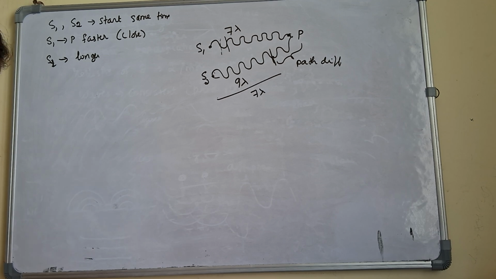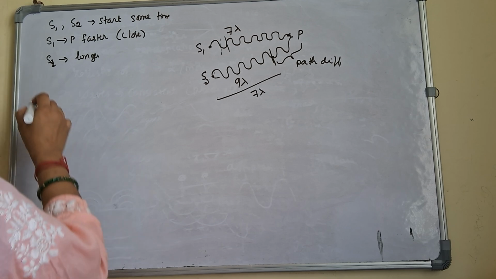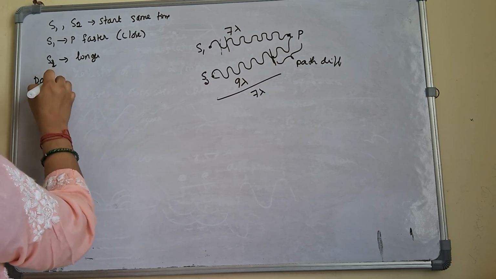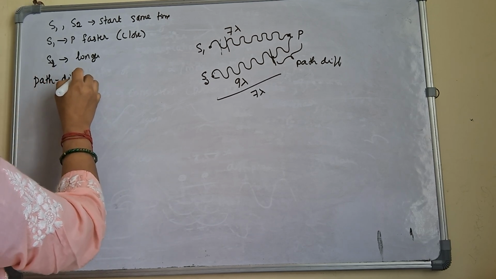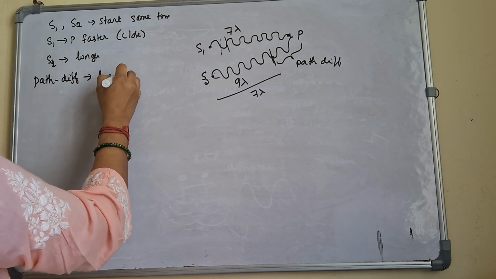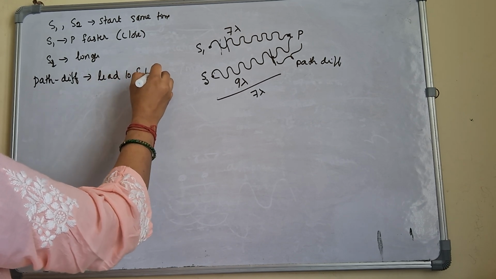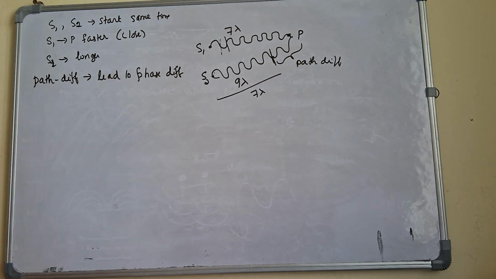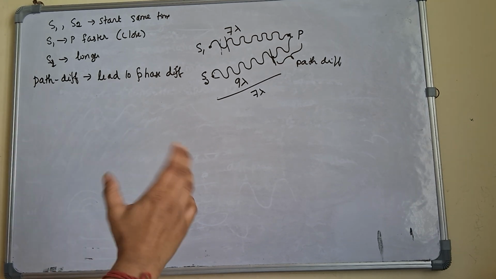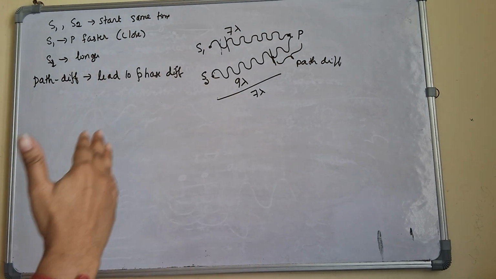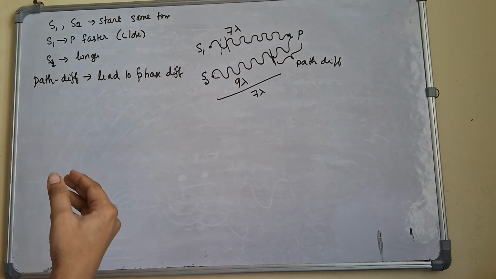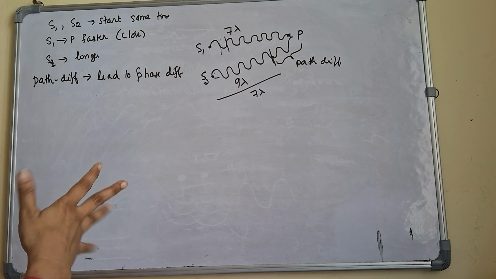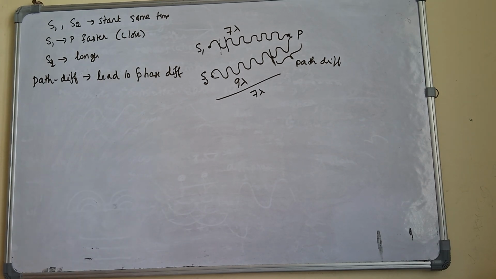Now, how do you understand? Whenever there is a path difference, always remember, it will lead to a phase difference. Now, these are two different terms. You should be having clarity in these two terms. Path difference is the difference in the path. One will reach faster, one will reach a little later, or if they have started simultaneously, they would reach at the same time, but one wave has started a little later, whatever it is.